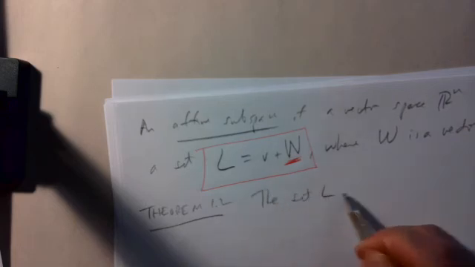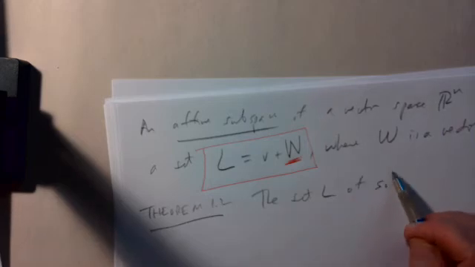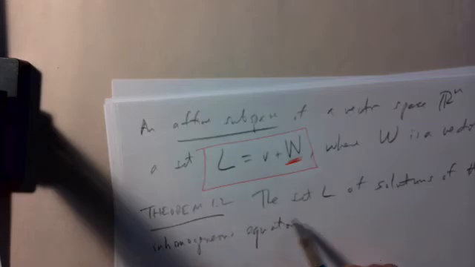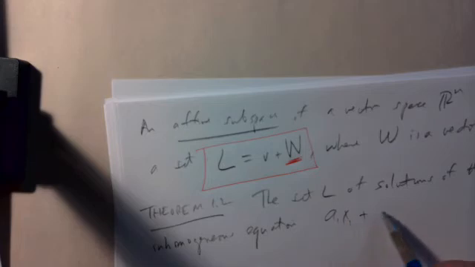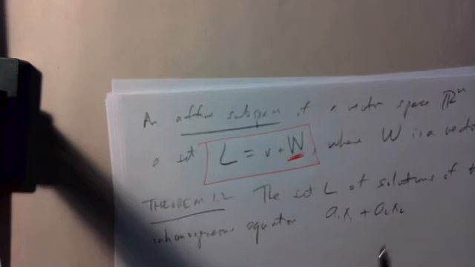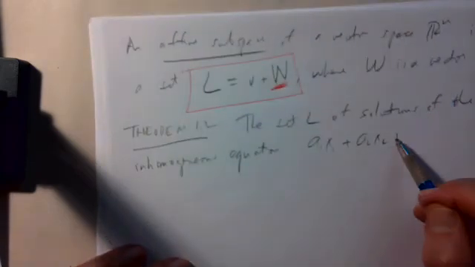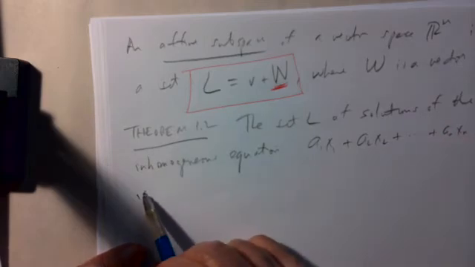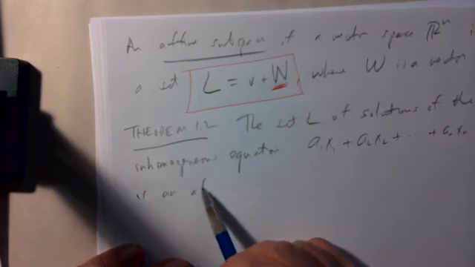The set L of solutions of the inhomogeneous equation a1x1 plus a2x2 and so on up to anxn equals b is an affine subspace.